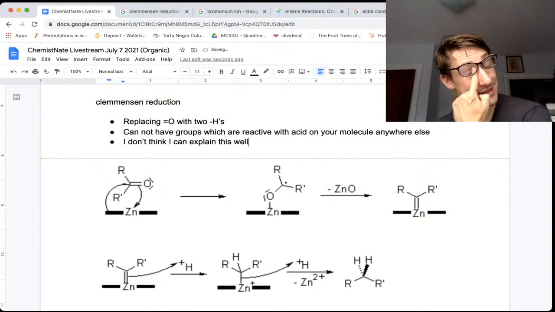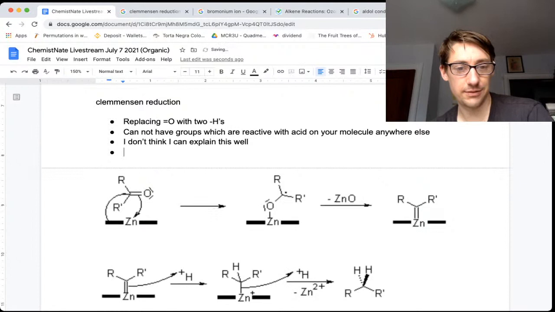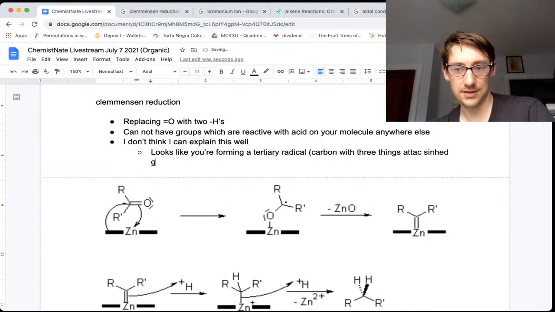I don't know if I can explain Clemmensen very well. Looks to me like we're forming a tertiary radical. Carbon with 3 things attached plus 1 single unpaired electron.